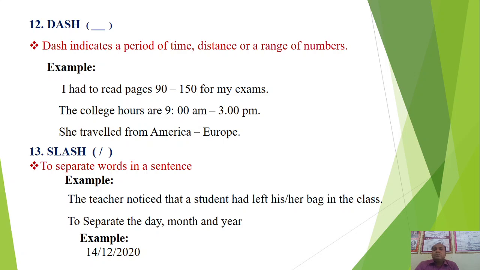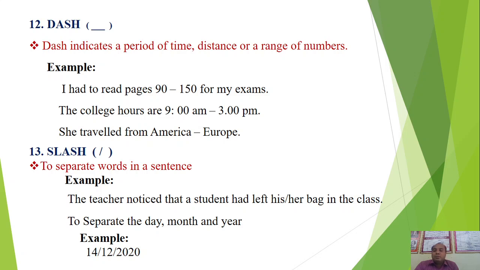The next punctuation mark is the slash. It is in a slant position. You can observe it in the brackets I have given here. Why do we use a slash? To separate words in a sentence. The teacher noticed that a student had left his/her bag in the class. So when you are showing whose bag was left in the class, you use a slash after his or her.